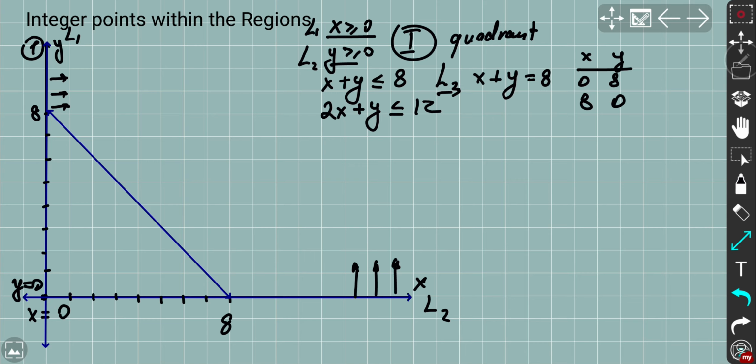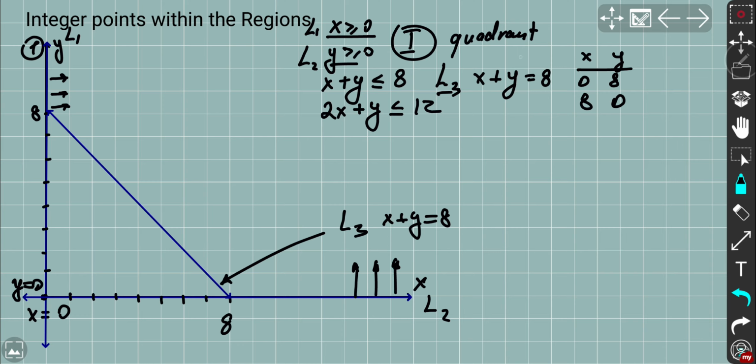Okay, so we set up line 3, so we mark it as line 3 with the equation x plus y equals 8. And because we set up the inequality x plus y less or equal than 8, if you transfer x to the right side, you'll see that y should be less or equal than negative x plus 8.